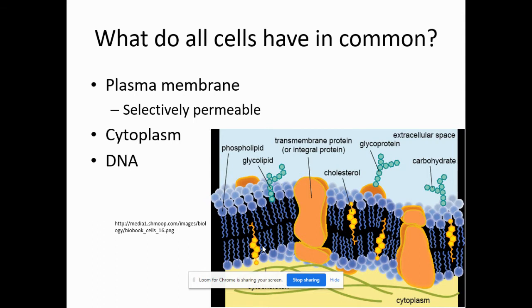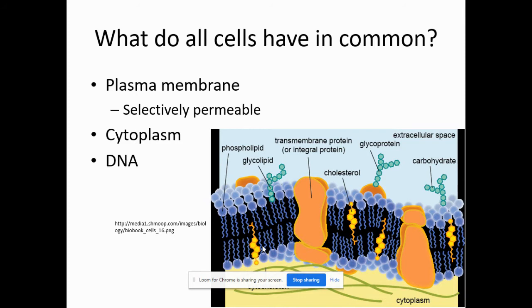So only certain things can move across the plasma membranes. Every cell has cytoplasm, which is a fluid that is a mixture of water and other organic molecules. All right, and so when we're going to talk about cellular metabolism or cellular respiration in a couple lectures, that occurs in the cytoplasm.